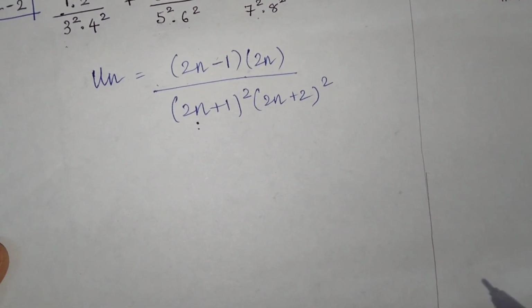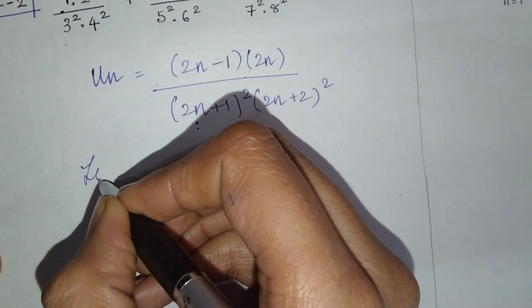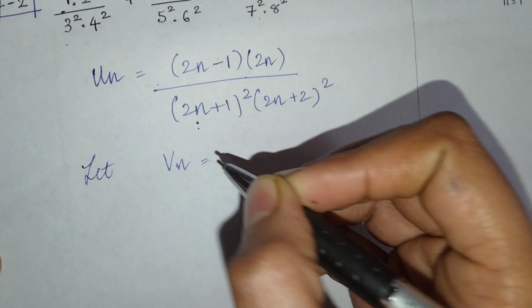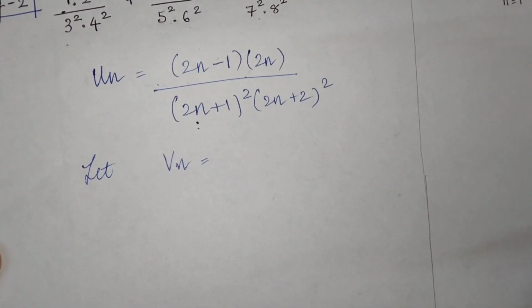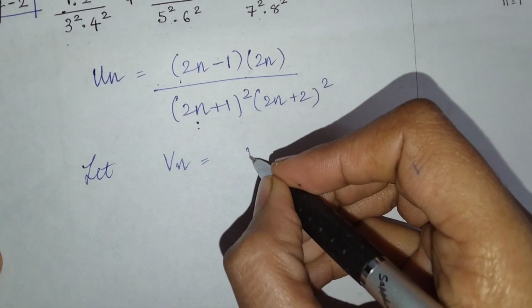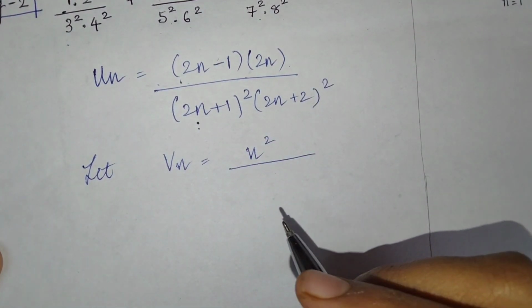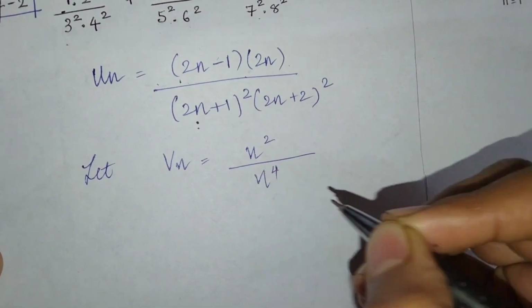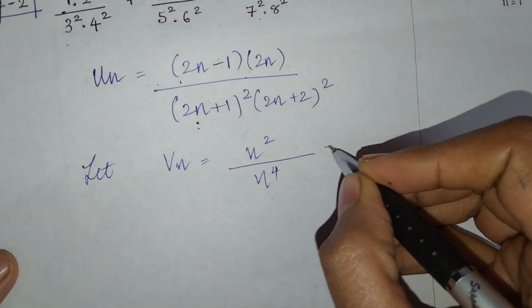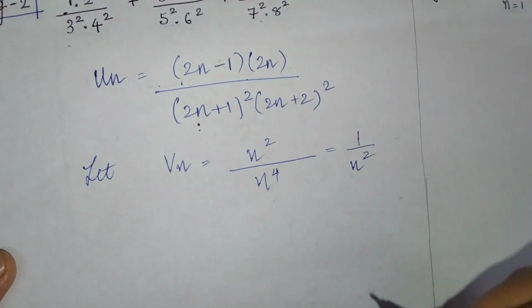Now we will assume vn. So let vn equal to, we will take all the n terms from the denominator part as well as the numerator part. So in the numerator part we have n square and in the denominator part we have n raised to 4. So we will get 1 by n square again.